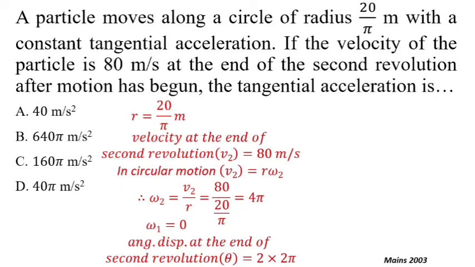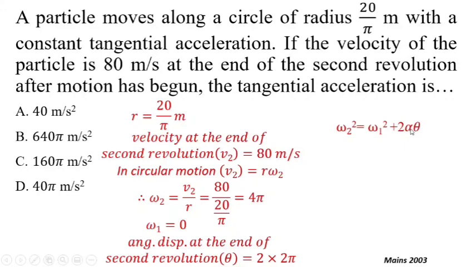To find out tangential acceleration we can use the equation of motion. Because we know initial angular velocity, final angular velocity and displacement, we can use the equation of motion for accelerated circular motion. Here it is omega 2 square equal to omega 1 square plus 2 alpha theta. This equation is quite similar to the second equation of accelerated linear motion.